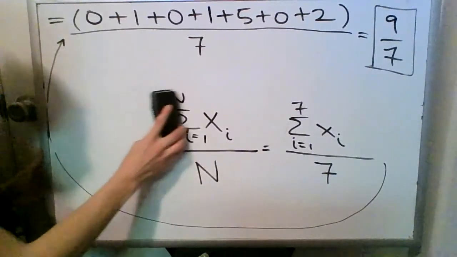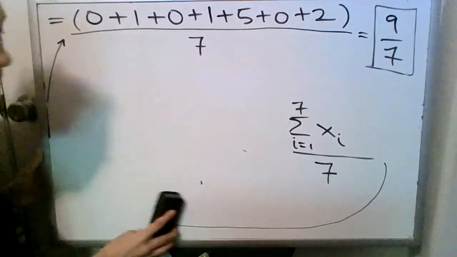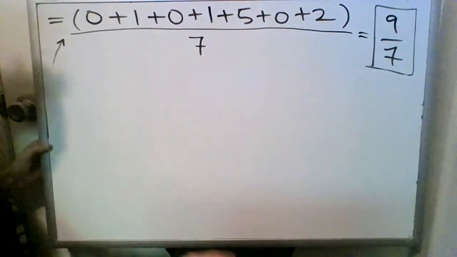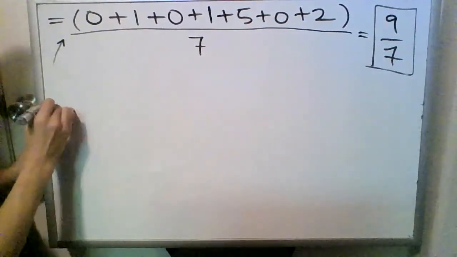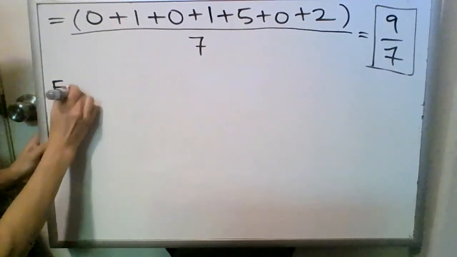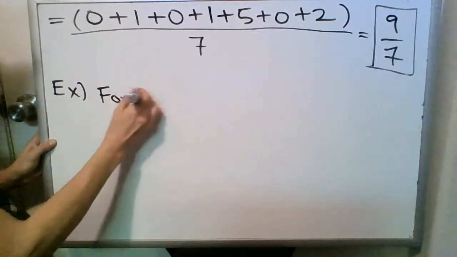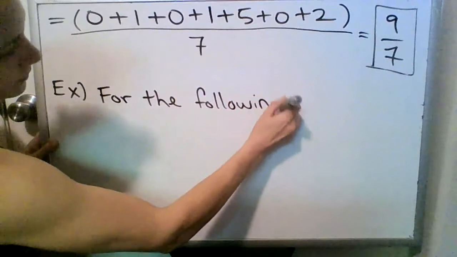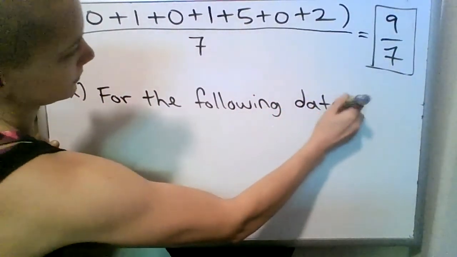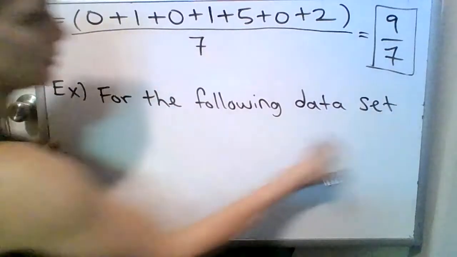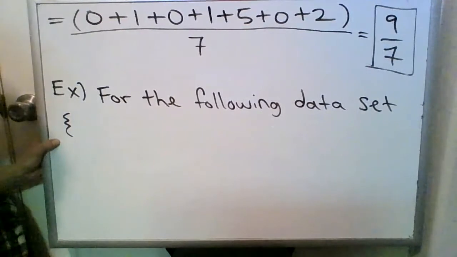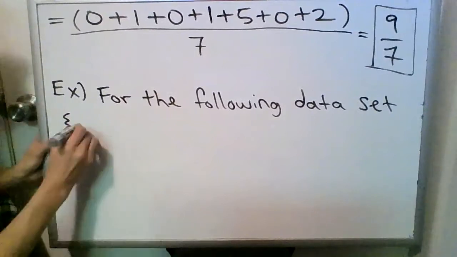Continuing to practice, but I'm going to ask for the mean, which is the same as asking for the average. For the following data set, find the mean. It is the set that contains -5, 10, -13, and 2.